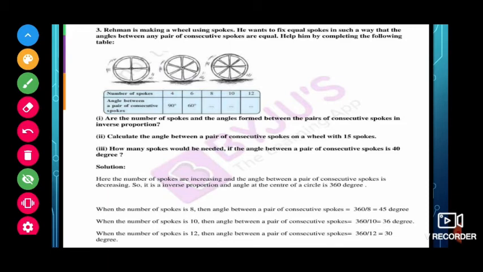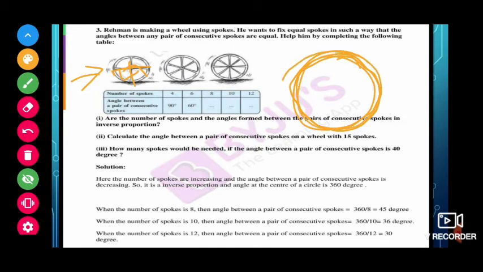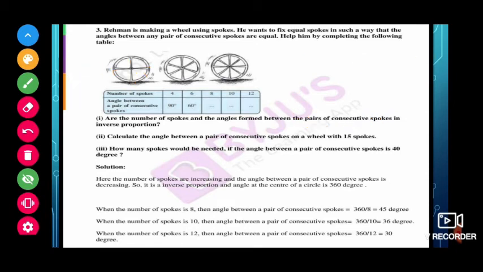Now, in the first case they are only showing the figures. If he uses 4 spokes, then it will form 4 angles. As we already know, the sum of angles in a circle, the complete angle, is 360 degrees. This 360 degrees will be divided among all the 4 angles.